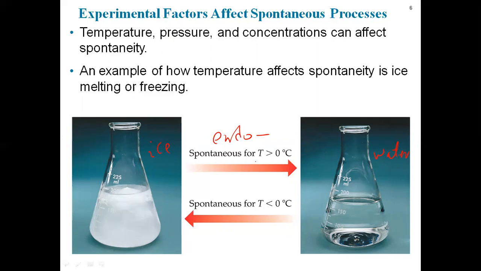Oppositely, when water freezes from liquid to ice, it is exothermic. So what that means is endothermic or exothermic is not directly correlated with spontaneity. A spontaneous process can be endo or exo.